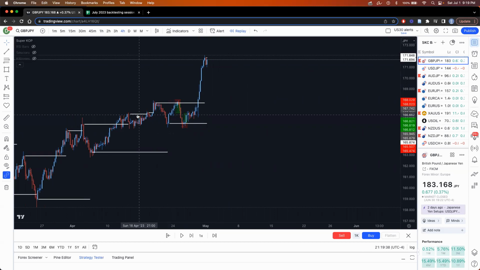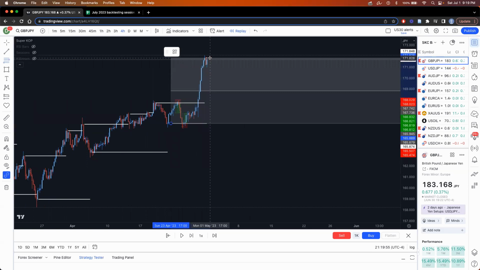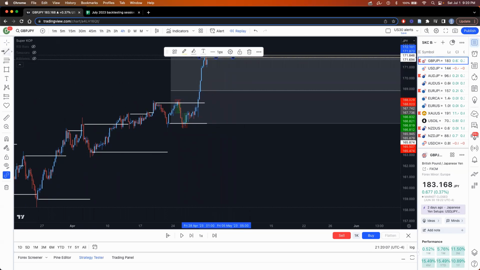Where's the 784 one? Oh yeah, so it's basically that one. So I'm gonna remark out my new zones. We are going to mark out our liquidity zones.